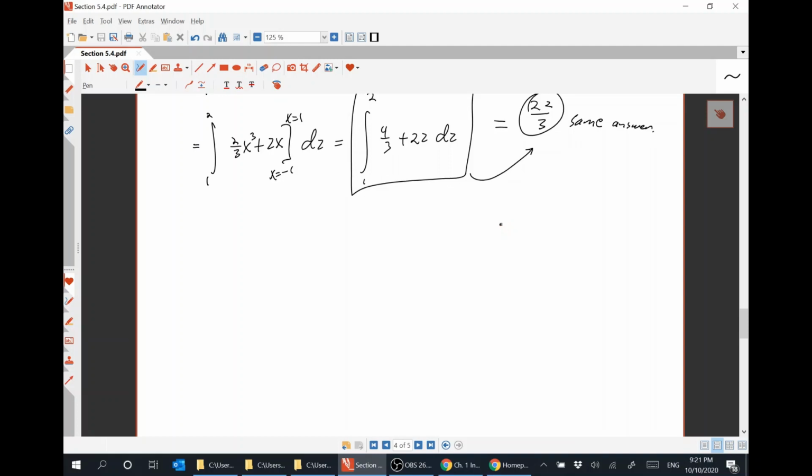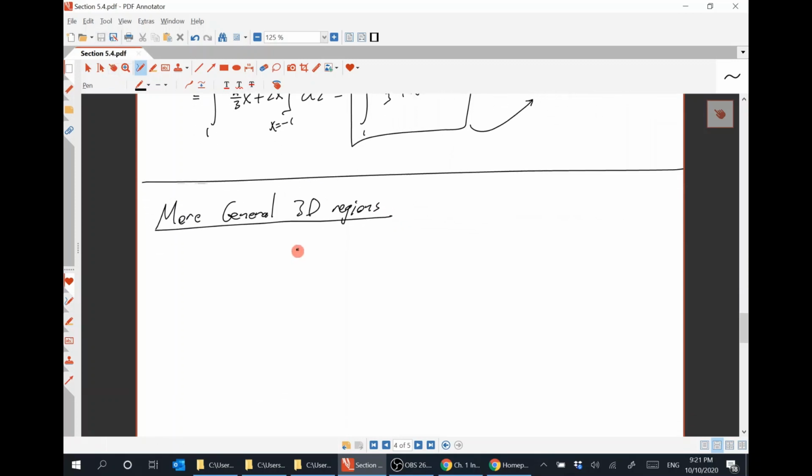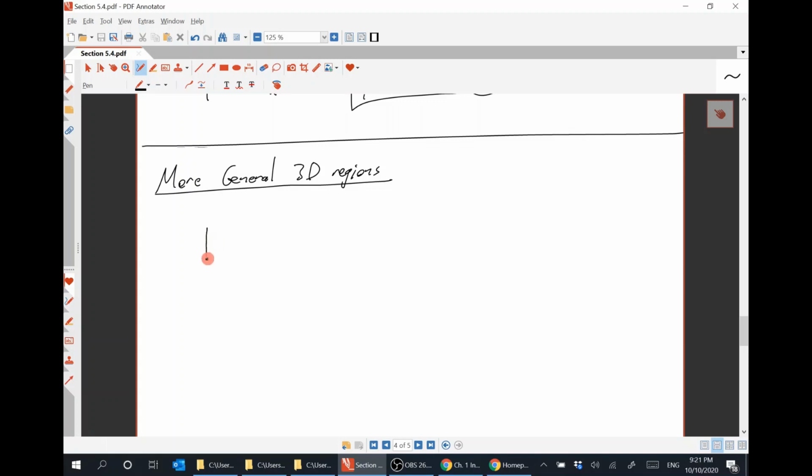So that's blocks, but what sort of more general regions can we have that we can do iterated integrals on? So with iterated integrals, how does it go?